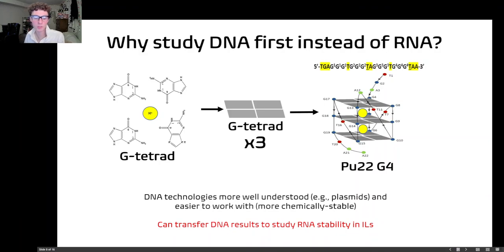So, long story short, we can ultimately transfer our knowledge we gained from this experiment from DNA to RNA, because there are RNA G-quadruplexes that we are working on now that are very similar in topology and nucleotide length and guanine makeup to this particular quadruplex.